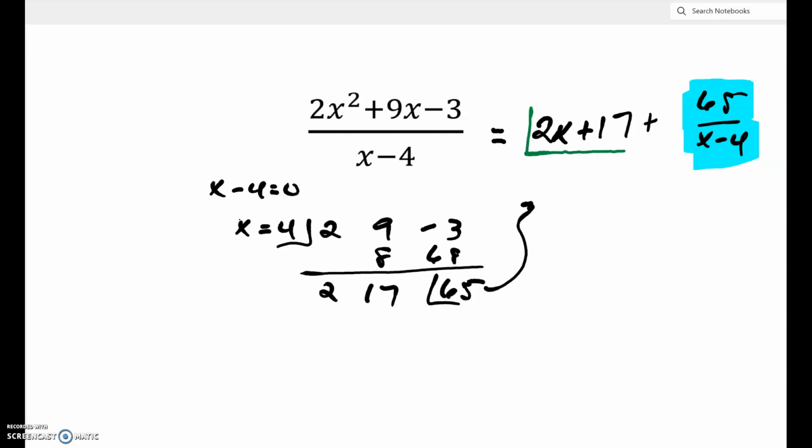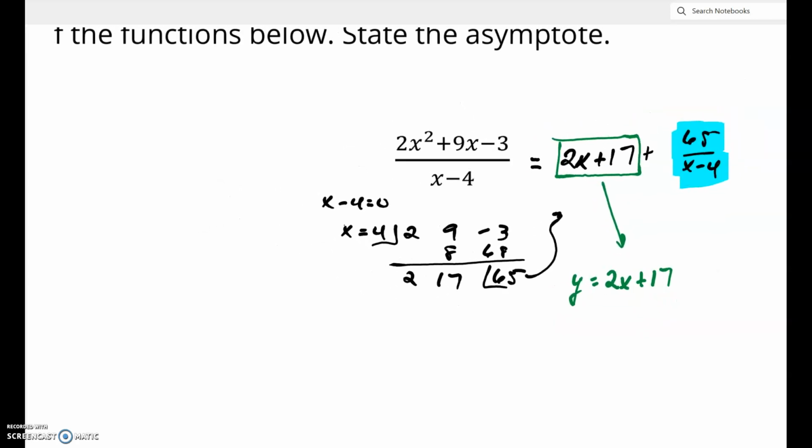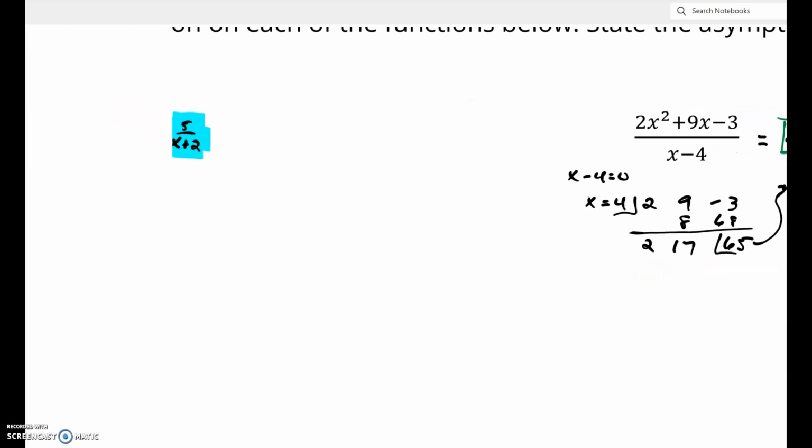We expect this to be our non-vertical asymptote, so I'm going to write this down. y equals 2x plus 17. And now we can investigate both of these on Desmos. And really, I'm only going to take a look at the first one because I think if we see it in the first one, we can understand really what's going on here.